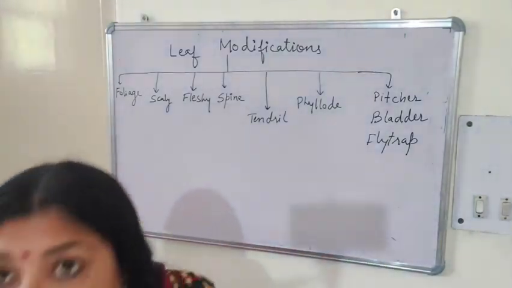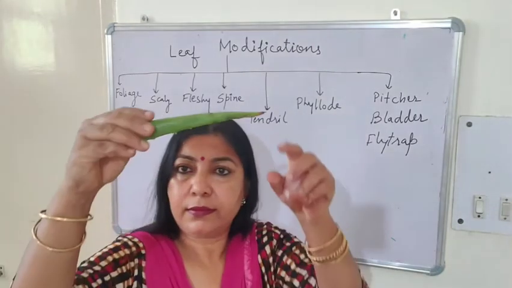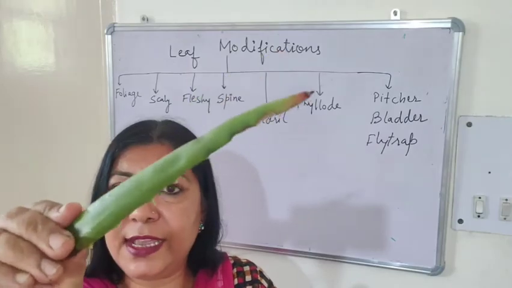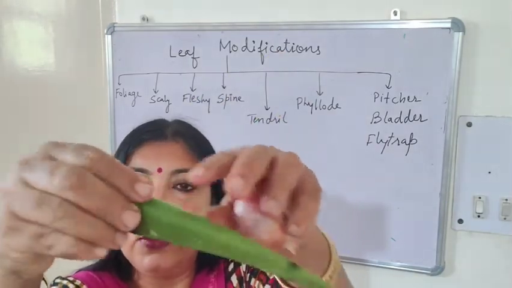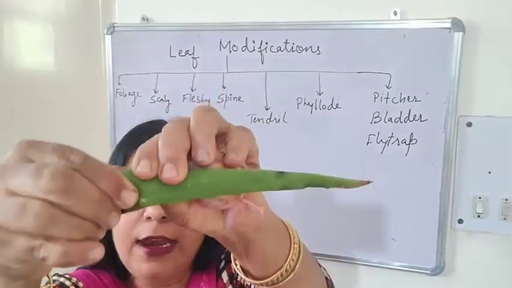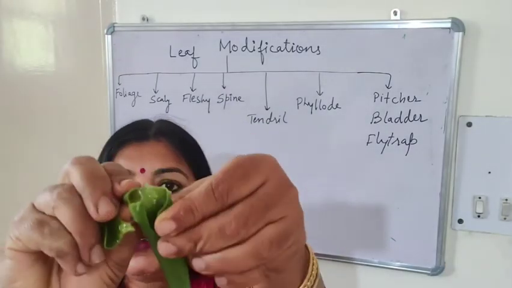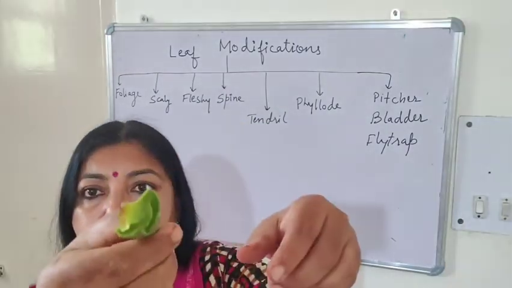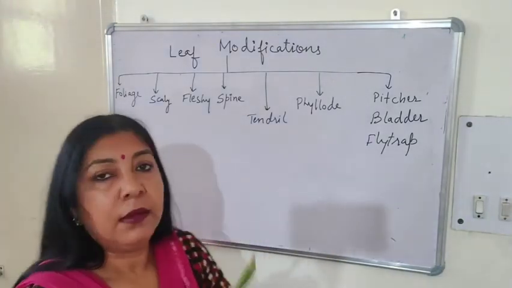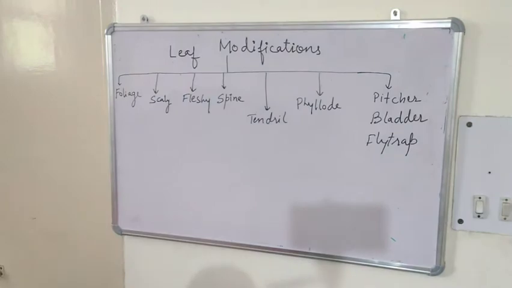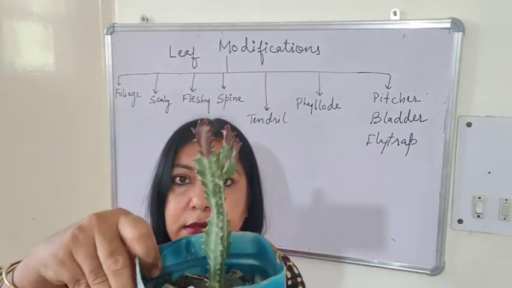Also in case of, what is this leaf? Yes, it's aloe vera. So you can see this aloe vera leaf has got so much of gel inside it. So this is a fleshy leaf. Next are the spines. I will show you this cactus.